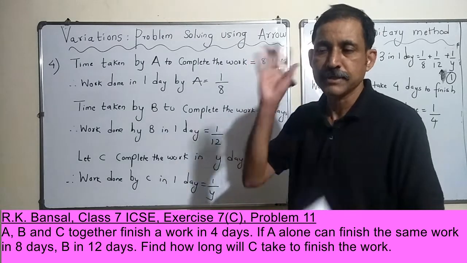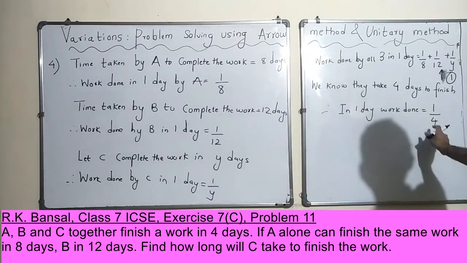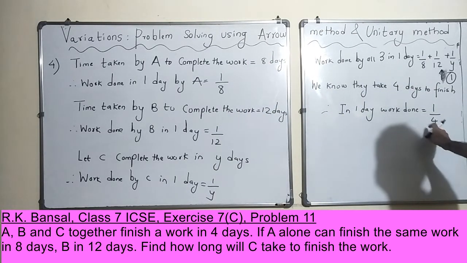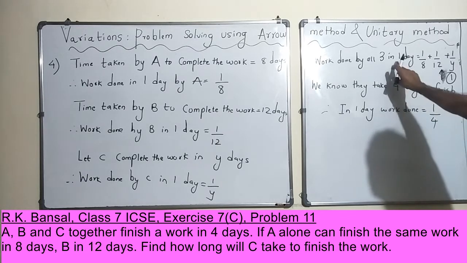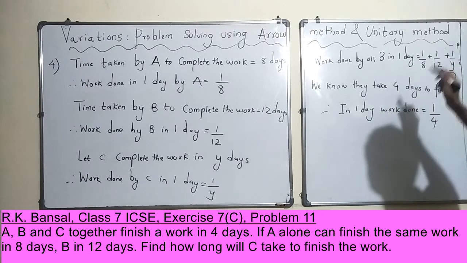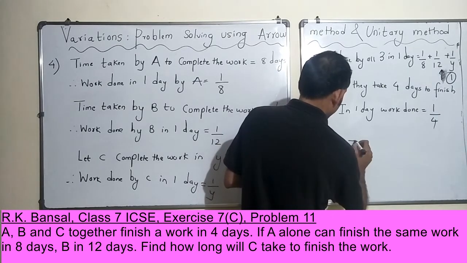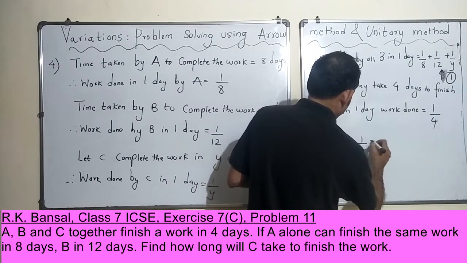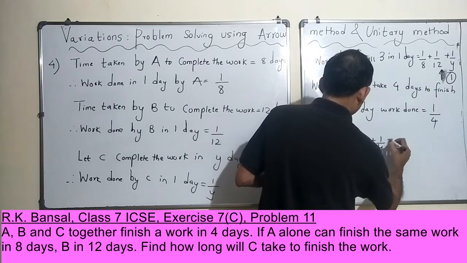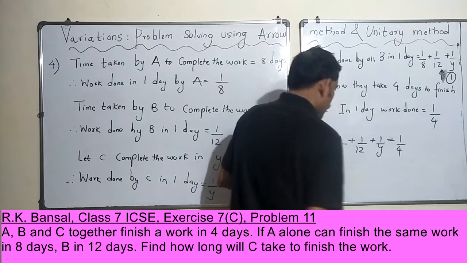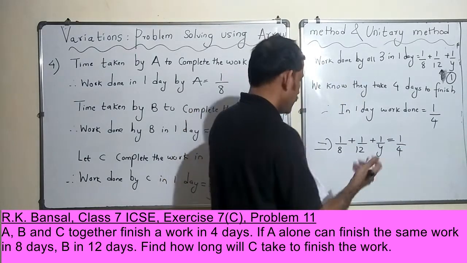The entire work is done. So I know that in one day work done is 1 by 4 by them, which is also equal to this. So this implies 1 by 8 plus 1 by 12 plus 1 by Y is equal to 1 by 4. Correct? No? So this is the answer.